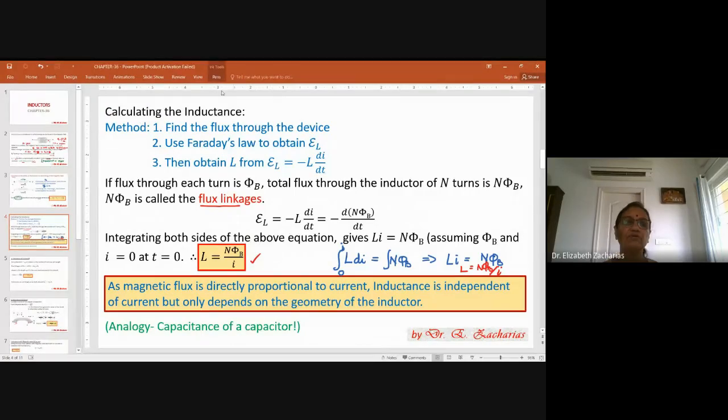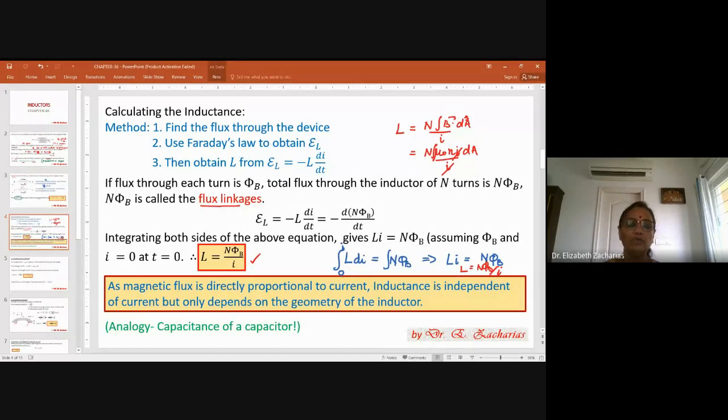So what you are able to see here is that L is equal to N into the integral of B dot dA divided by I, which is N into mu naught small n I dA divided by I, and I and I will go.